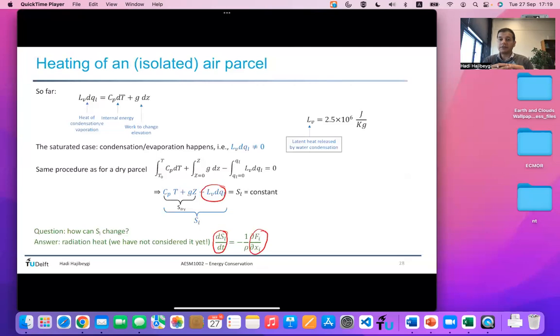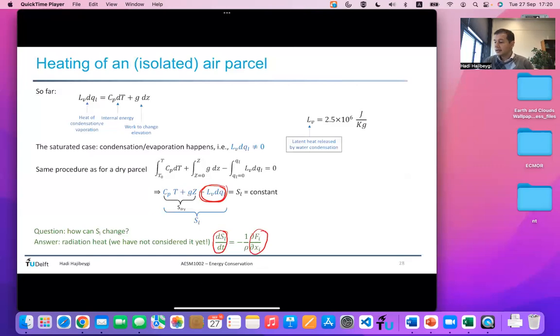For that, we said if there is no condensation or evaporation, then we find that CpT plus gz is constant. From that, we can find out how the temperature of that parcel changes as we change the elevation, with the rate of minus g divided by Cp. If condensation or evaporation takes place, we add also Lv dq in the system, and then the cluster of the three terms would be constant because latent heat would also play a role here.